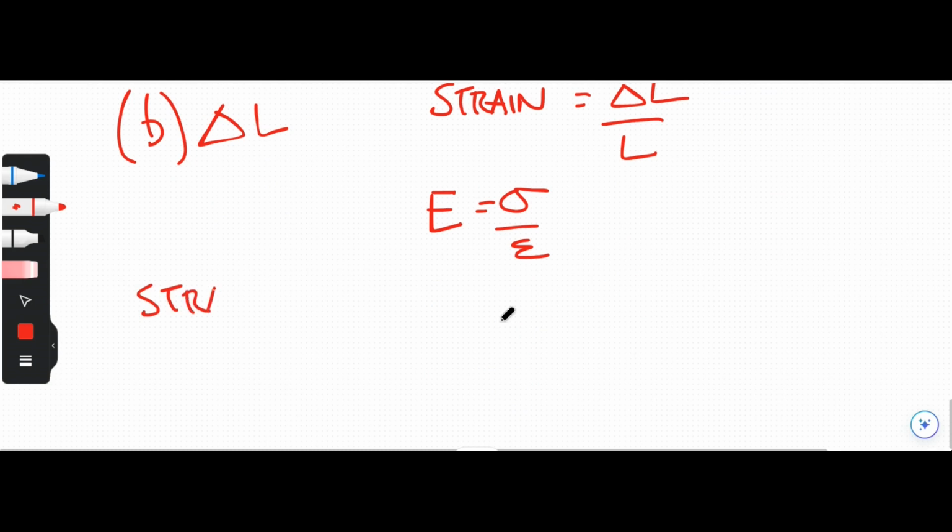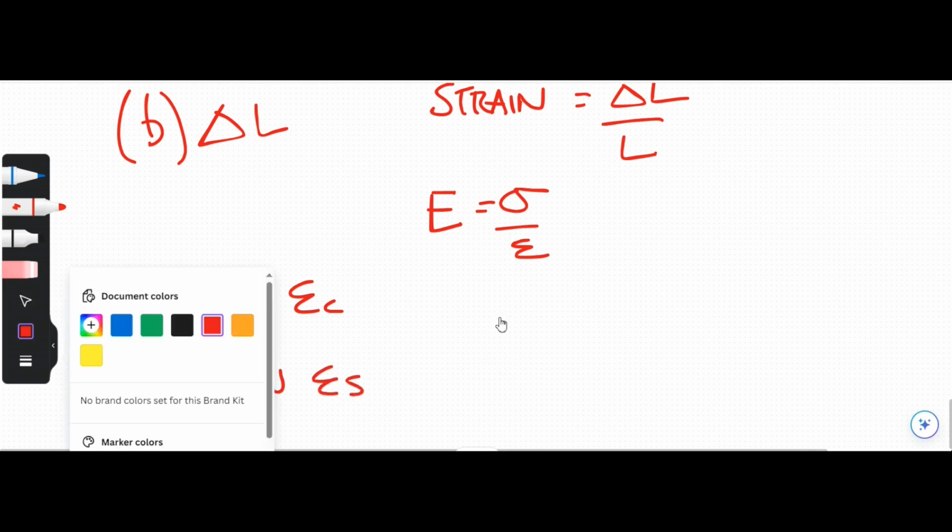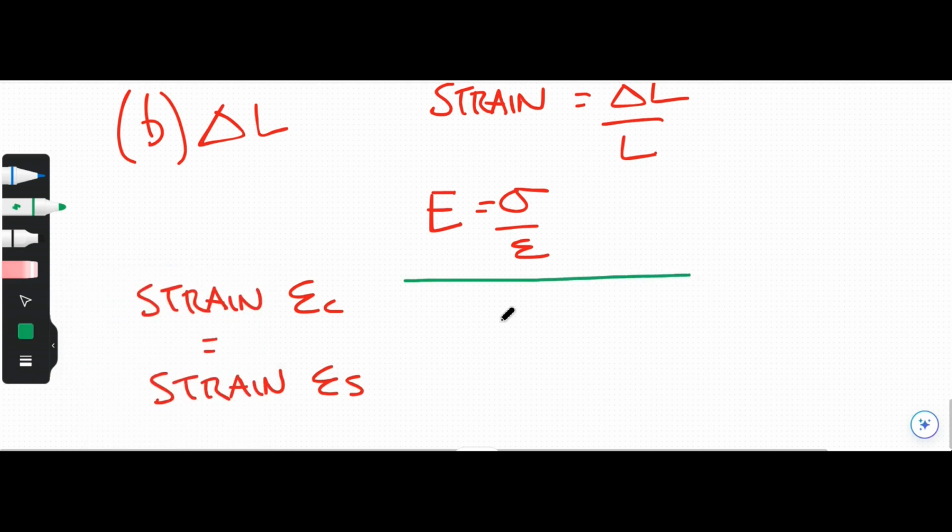The strain in the concrete equals the strain in the steel. So they're both the same. Okay, they're both the same in a parallel bar. So we can work out now the strain. I just picked the strain in the concrete because they're both the same. If you work them out, they'd be the same.